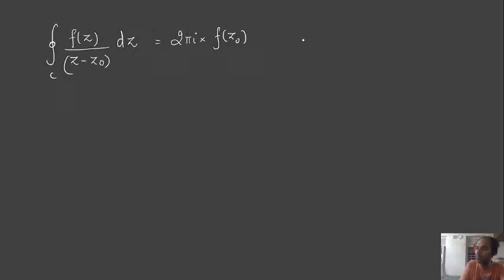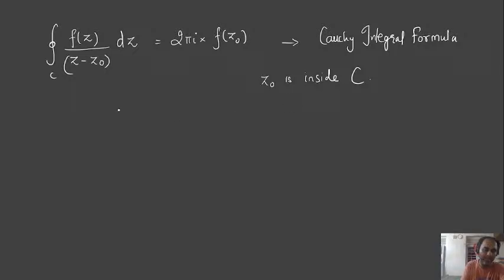This is the basic version of the Cauchy integral formula. Okay, and here what is z naught? z naught is inside C. The next formula that we have is integral of f of z over z minus z naught whole raised to n dz.